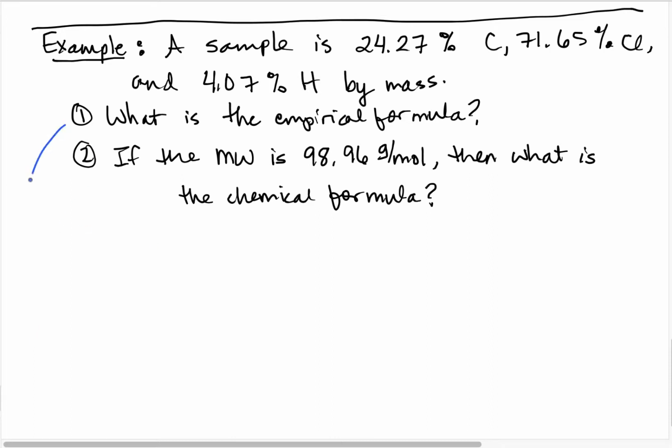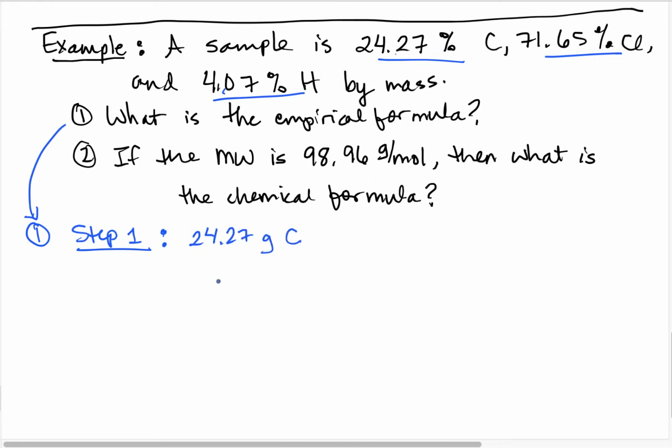Okay, so let's see how you did. In step 1, we assumed 100 grams and turned our percentages into grams. So we would have gotten 24.27 grams of carbon, 71.65 grams of chlorine, and 4.07 grams of hydrogen. So that would be our step 1.